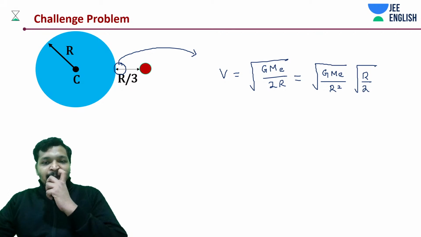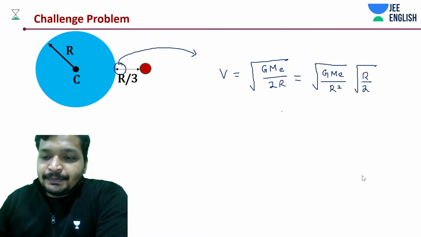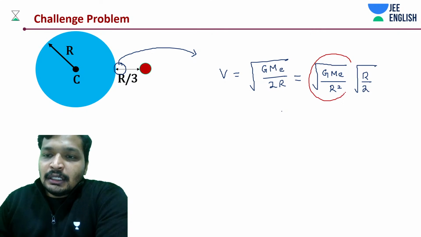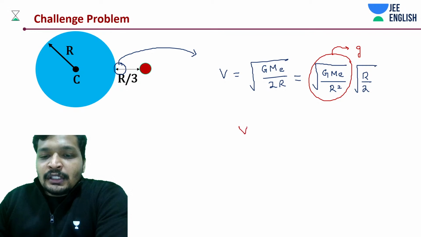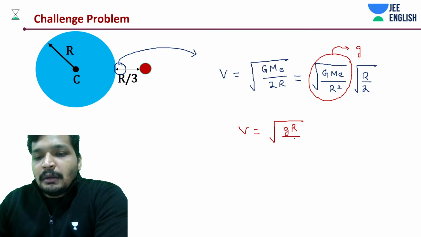The same thing, there's no difference. Yep. But what is this? This is gravitational acceleration, g. So the velocity is going to be under root gR by 2.